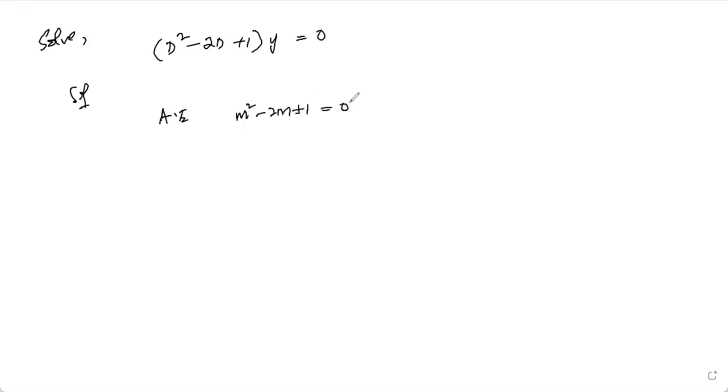Now let us solve (D square minus 2D plus 1) y equal to 0. Again, the auxiliary equation corresponding to this will be m square minus 2m plus 1 is equal to 0.